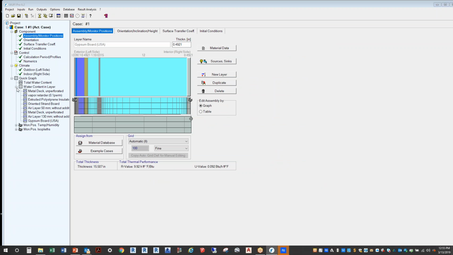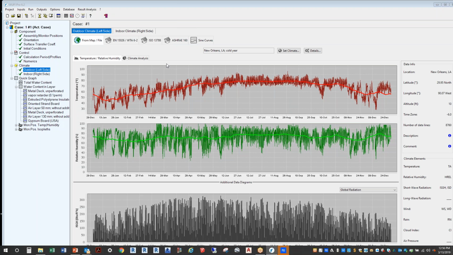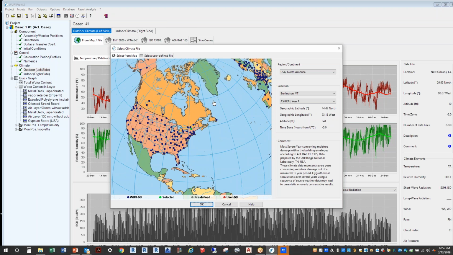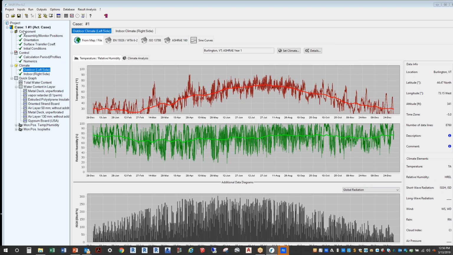Is that still moving? Wait, I might have changed it back. Let me see. Did I change the? That's still New Orleans. It looked like it was in Maine. Burlington.